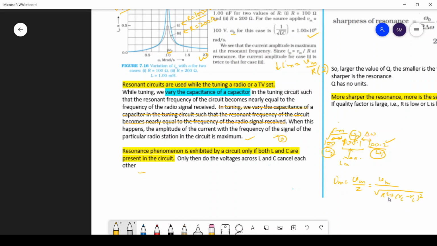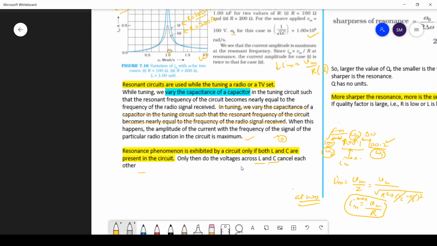For resonant condition we need to cancel out XL and Xc, so then it will be equal to Vm by R. So at resonant frequency, Im is maximum as the impedance is minimum.